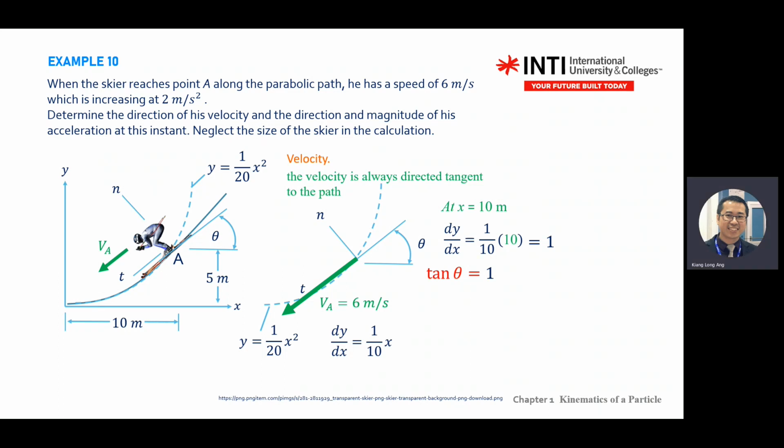So tan theta equals 1, which means theta equals 45 degrees. At this point you find the gradient, meaning dy/dx is 1, which means it is at 45 degrees.